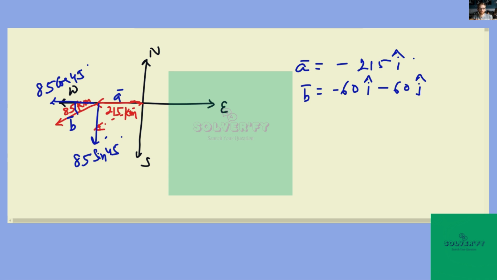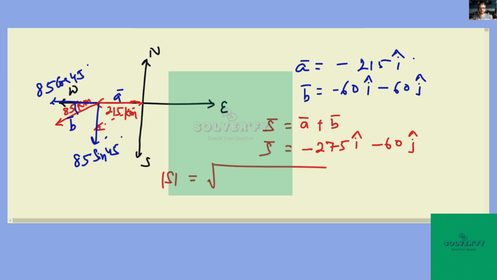Now in order to get the resultant displacement, we just add these two vectors, vector A and vector B. So this comes out to be minus 275 i cap minus 60 j cap. This is the resultant vector of the car, and in order to get the magnitude, we take the root of 275 squared plus 60 squared.